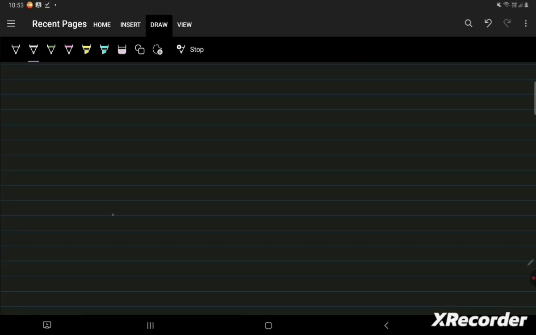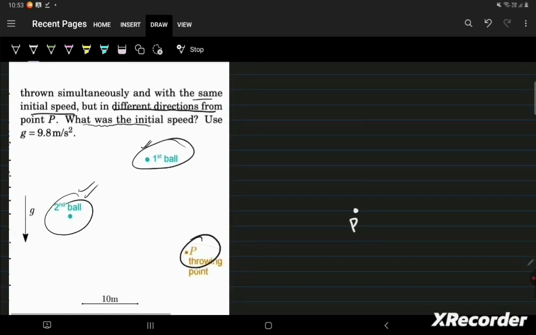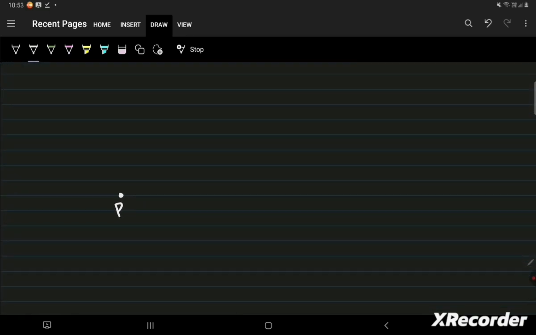Let me explain. Suppose this is point P, the throwing point, as shown in the figure. The first projectile is thrown with speed u1 and the second with speed u2. The first one reaches a point, let us call it Q, after some time t.